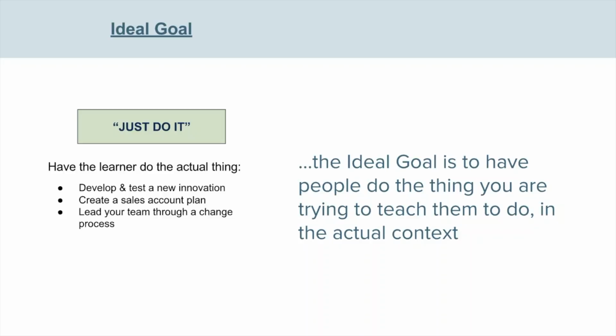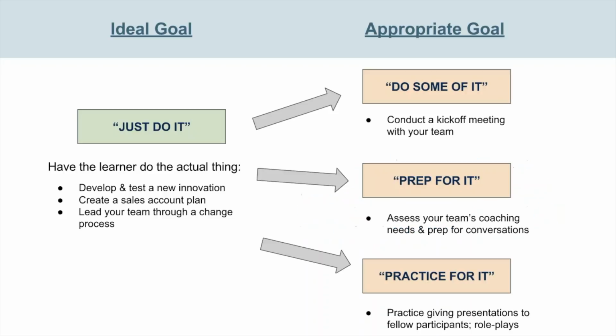However, I recognize that just doing it is not always the most feasible goal. So you might choose a different goal that is more appropriate for you if you can't do the ideal goal. I've got some ideas for you. One is do some of it. So perhaps you're undergoing a change management process that's going to take 3 months.